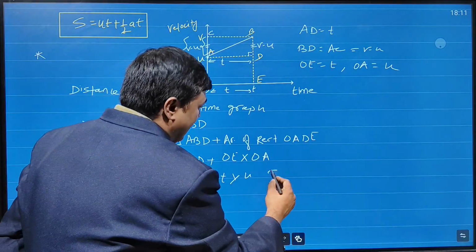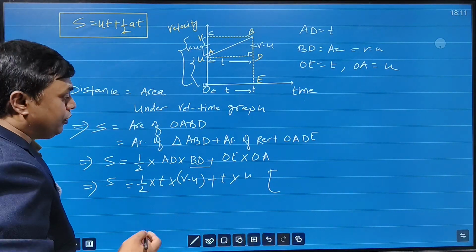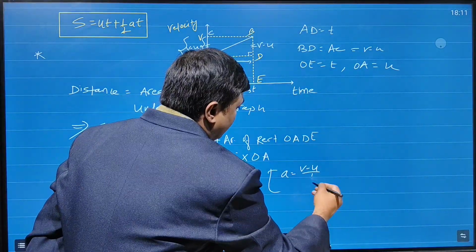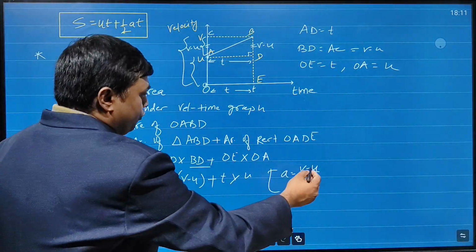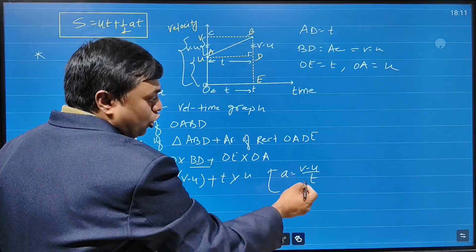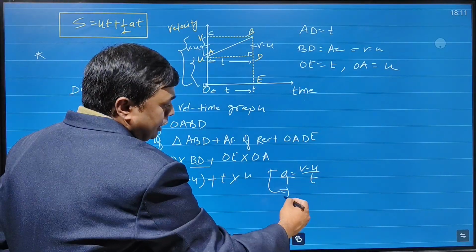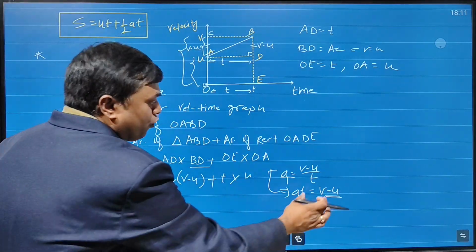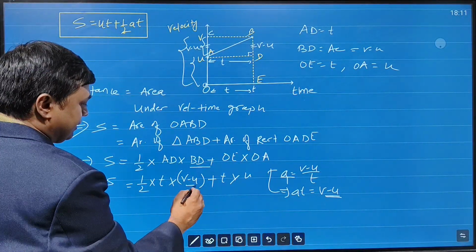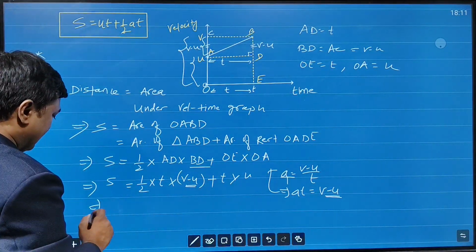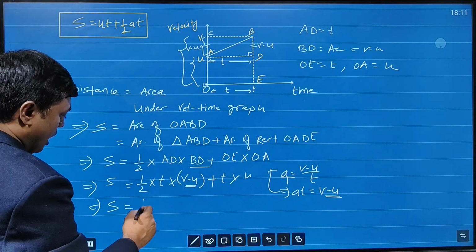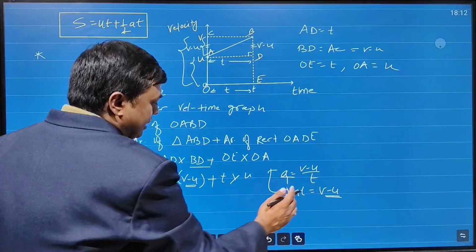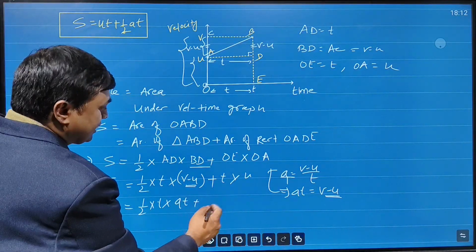Now we have just derived that a is equal to V minus U by T. So from here V minus U is equal to AT, by cross multiplying. Substitute the value of V minus U equal to AT here. So AC is equal to half into T into AT plus UT.